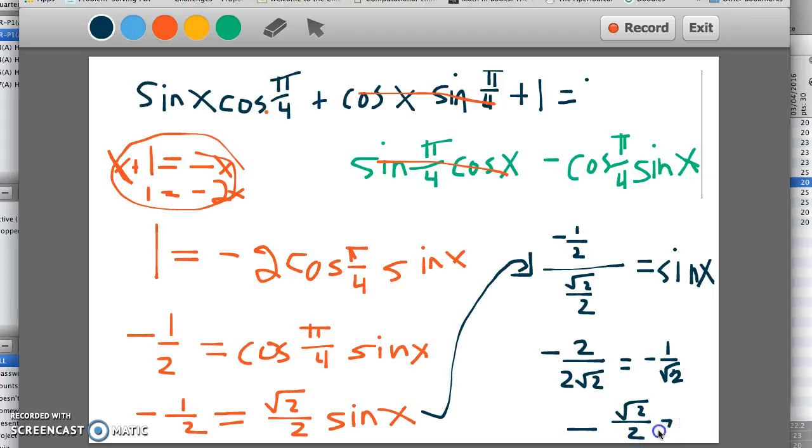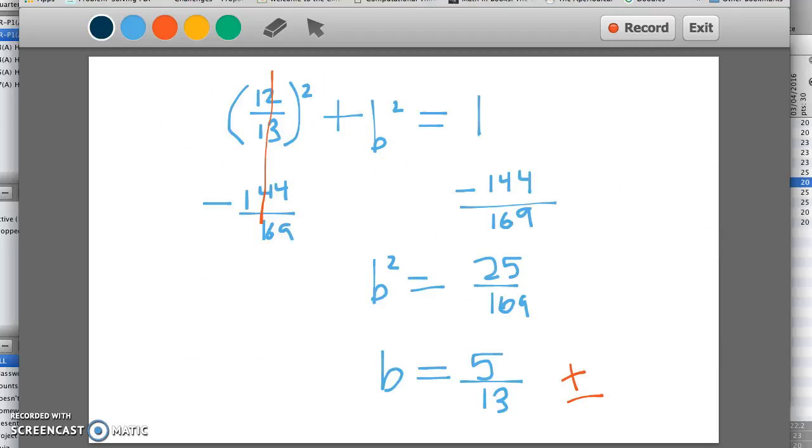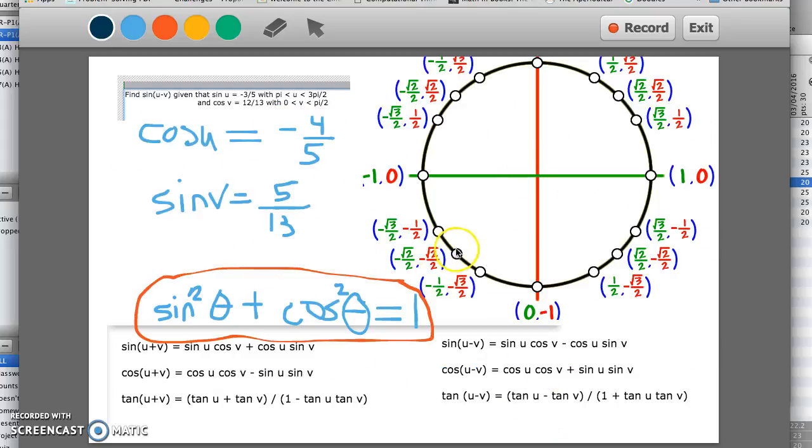So where does sine x equal negative root 2 over 2? Since that value is the 45-degree one, we're looking for anywhere sine is negative and the reference angle is 45. That's here and here. What angles are those?